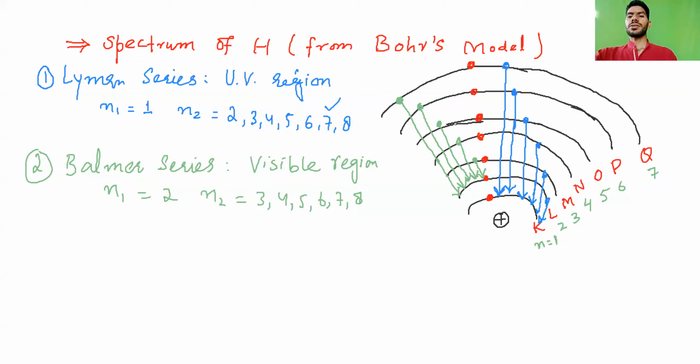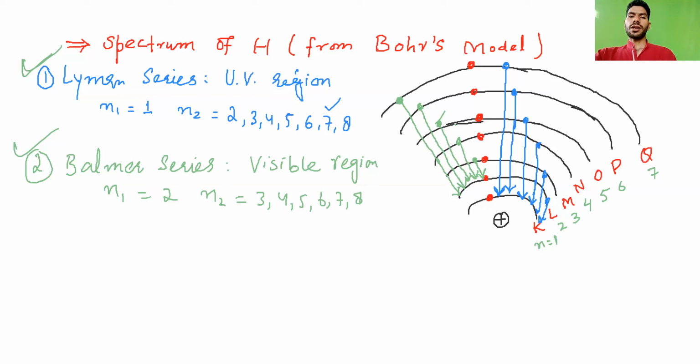Similarly, N is 2, that is the second. When an electron is in a higher energy level and comes back to the K, at that time we get the Lyman series. This is how Niels Bohr explained the spectra of hydrogen. Similarly, when an electron is in a higher energy level and comes back to this L, not the K, at that time you get the Balmer series.